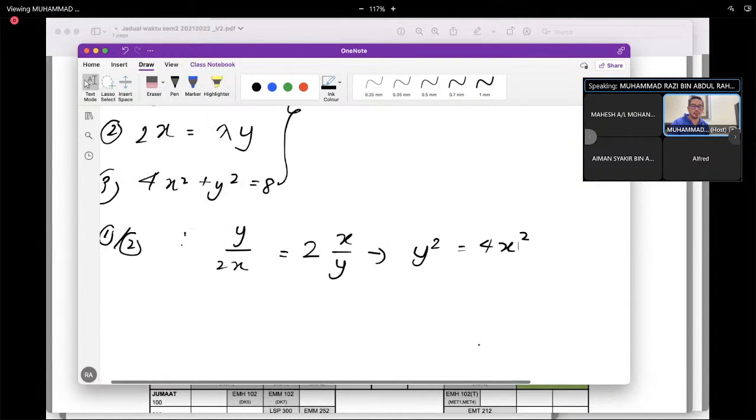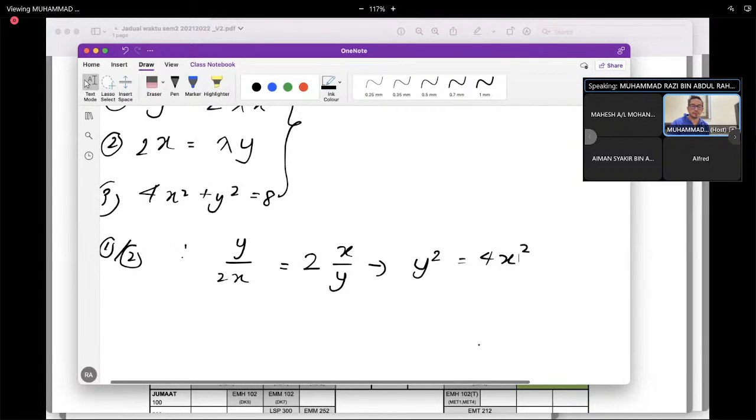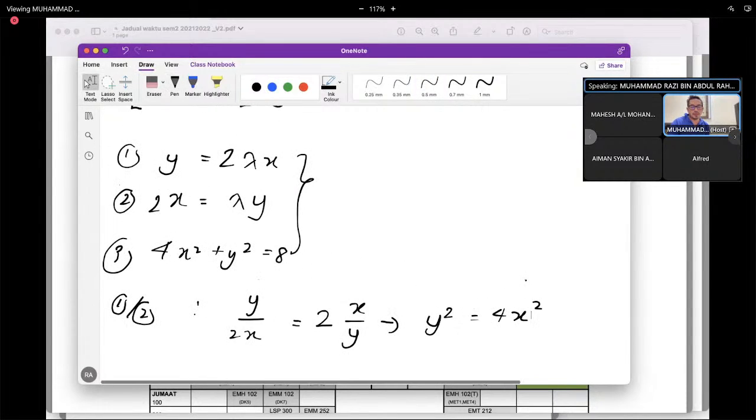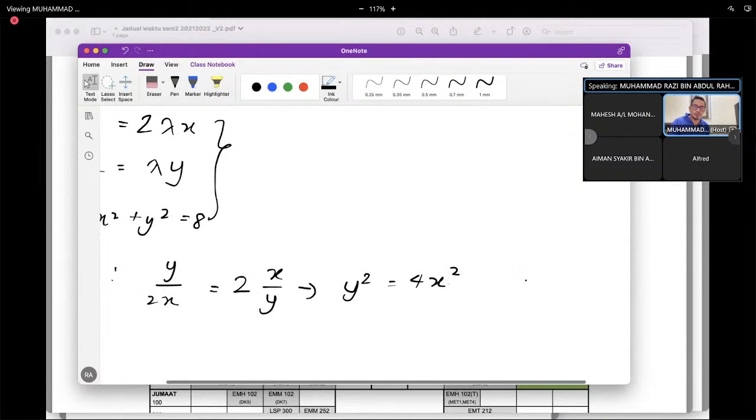Now we have y squared equals 4x squared. This is a question of communication in mathematics here. We can just call this equation 4.